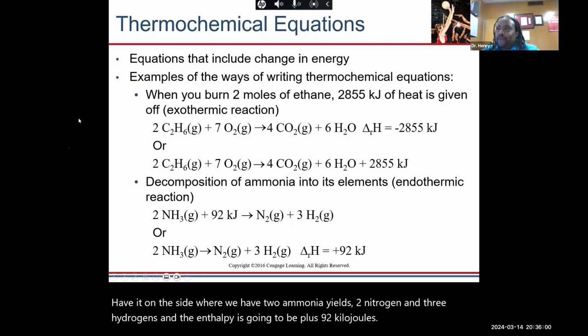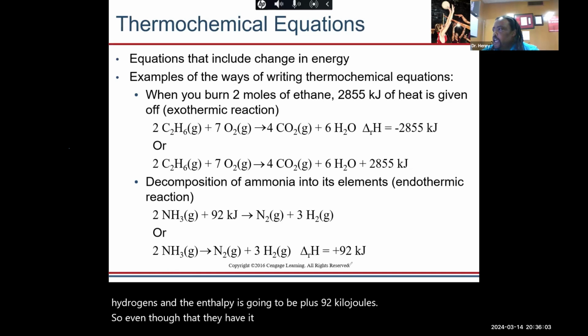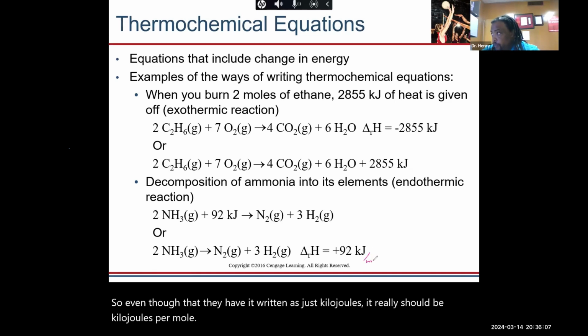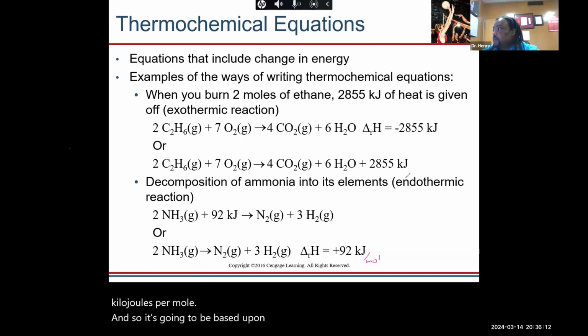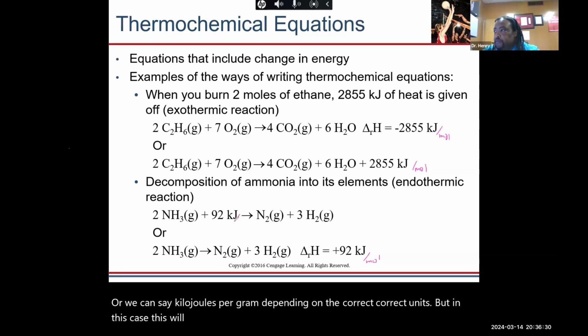Even though they have it written as just kilojoules, it really should be kilojoules per mole. It's going to be based upon 1 mole of substance, and that's the same thing over here. Or we can say kilojoules per gram, depending on the correct units. But in this case, it will be kilojoules per mole, since it's in a chemical equation.